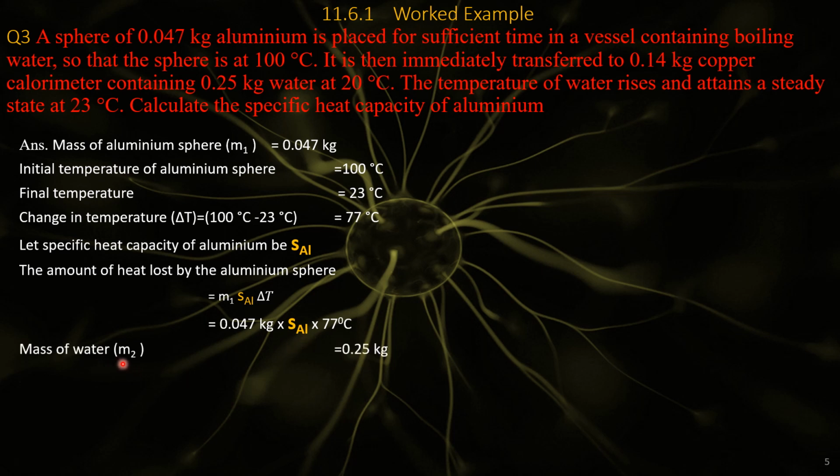Now let the mass of water be M2, and it is given as 0.25 kg. The mass of the calorimeter M3 is 0.14 kg. This is also given.